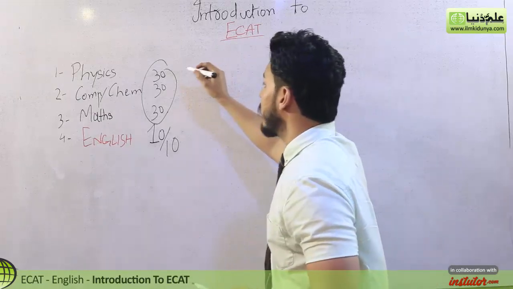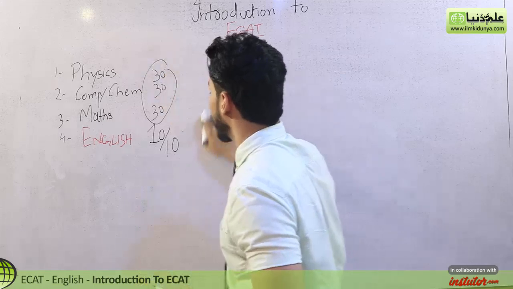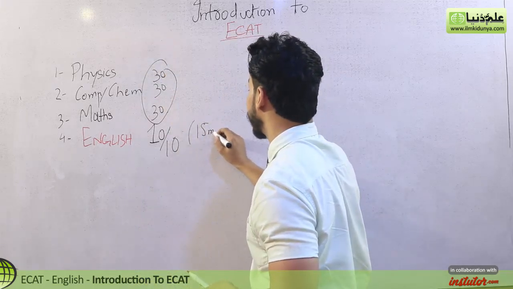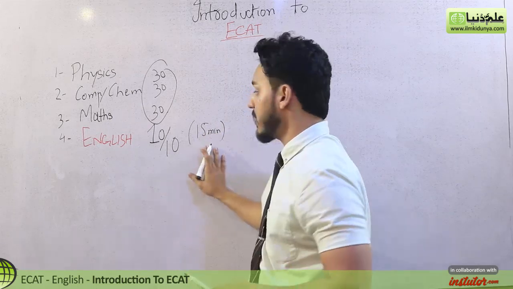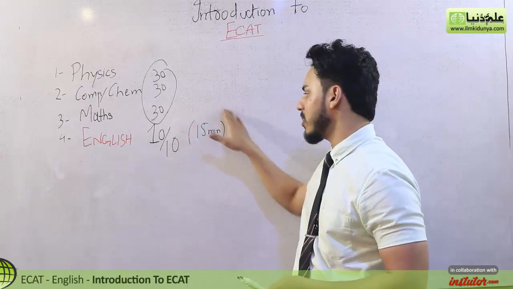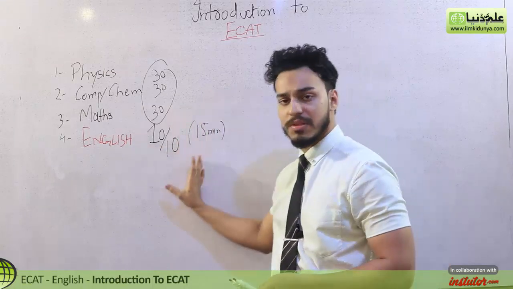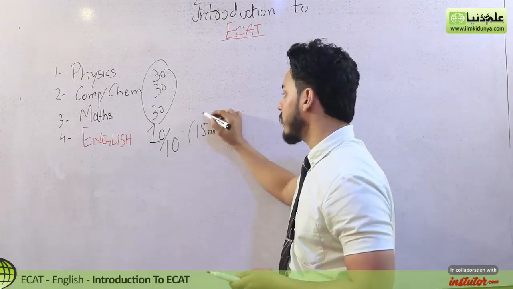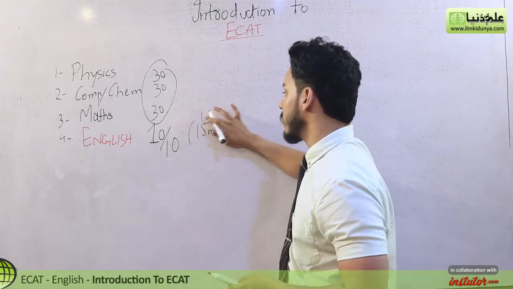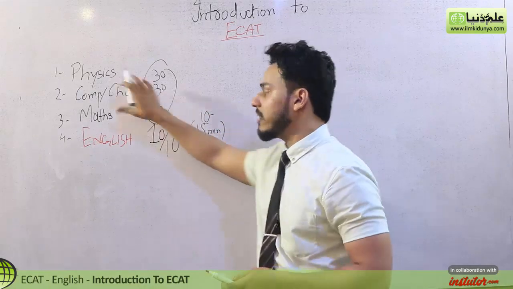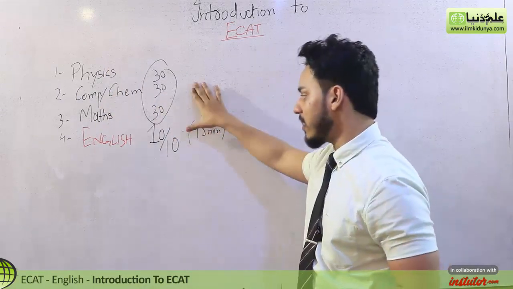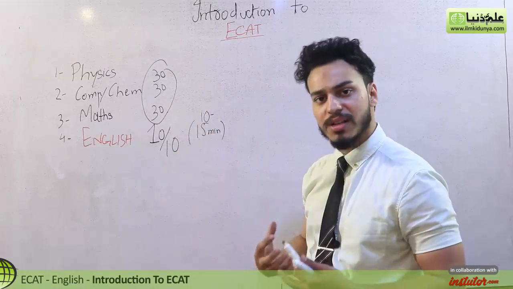So in the time allocated for English, my lectures will enable my students to cover this particular portion of English in no more than 15 minutes. In 10 to 15 minutes, or less, the students would be able to cover this portion, and the rest of the time could be given to other science subjects. So in this way, their time would be saved and they would be getting full marks in English.